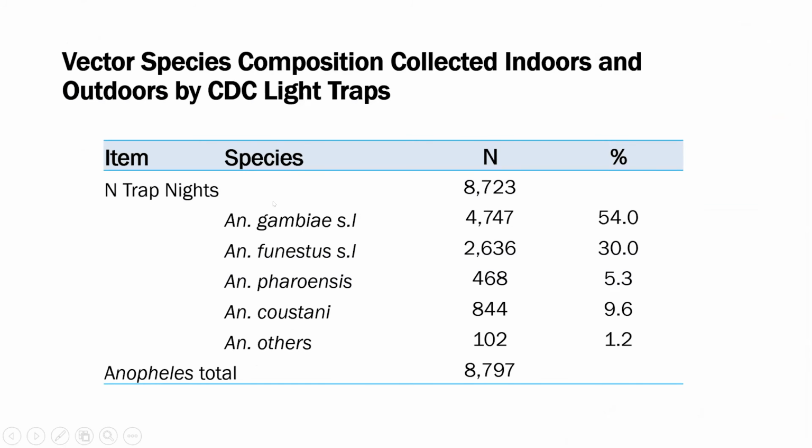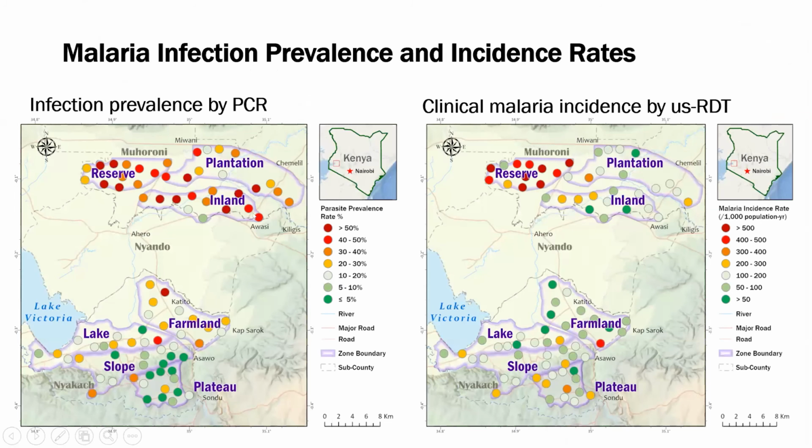With the species composition, we found that the predominant species is Anopheles gambiae s.l., followed by Anopheles funestus. But of course, we have continued to do PCR analysis of these sibling species. For infection prevalence, we find that the lake, the slope, and the plateau, which were our initial study sites, have very low prevalence compared with the new sites of farmland and the 4 and the 3 in Muhoroni here, in which we have less than 30% prevalence in our old site, but then greater than 30% prevalence in the new Muhoroni site.